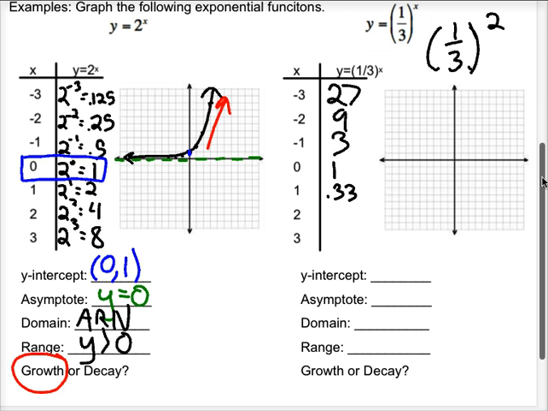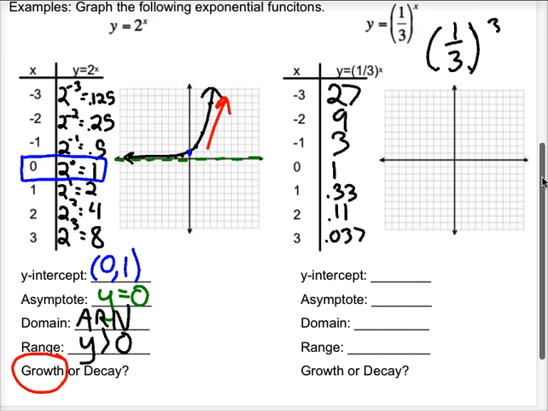To the second power, that'll give us 1/9 or 0.11, repeating. And to the third power, you get 0.037, repeating. All right. So there's my table of values.